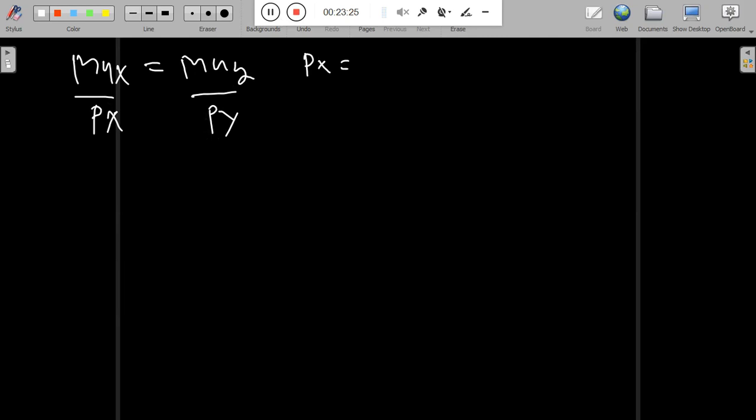So we take the marginal utility of X over the price of X is equal to the marginal utility of Y over the price of Y. We are also provided the price of X equal to 10 and the price of Y equal to 6, with X equal to 3 and Y equal to 4. This is the data set we have. So let's plug this into our utility maximization formula.